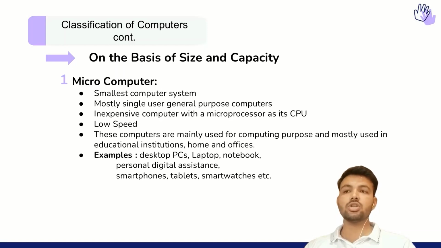As the name suggests, the smallest computer systems are called microcomputers. They are mostly single user general purpose computers, and inexpensive computers with a microprocessor as the CPU. We use a microprocessor like a CPU in these microcomputers, and they have very low speed and are very inexpensive, not very costly. These computers are mainly used for computing purposes and mostly used in educational institutes, homes and offices, like our desktops, laptops, notebooks, smartphones. They are all microcomputers, and personal digital assistants, tablets, smart watches are other examples of microcomputers.